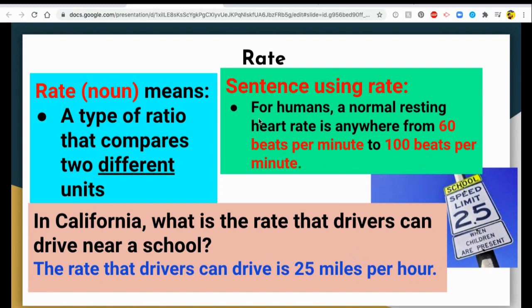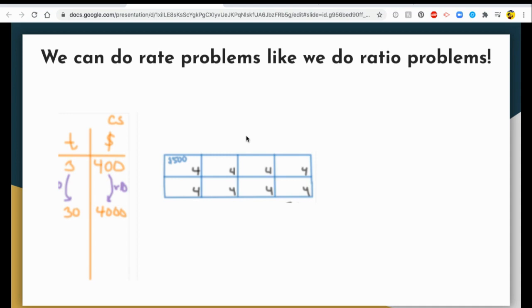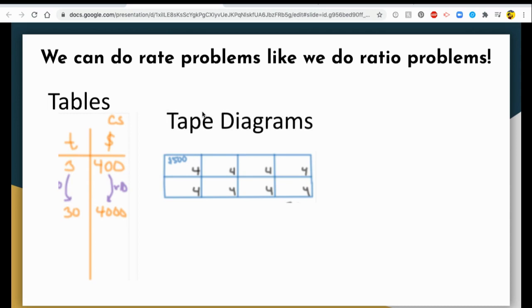Okay. Now, the cool thing, so we just said a rate is a special type of ratio, and that is a really good thing for us because we can do rate problems like we do ratio problems. This is really good news for you all because you've been learning about tables the past few weeks. You've been learning how to do tape diagrams the past few weeks.